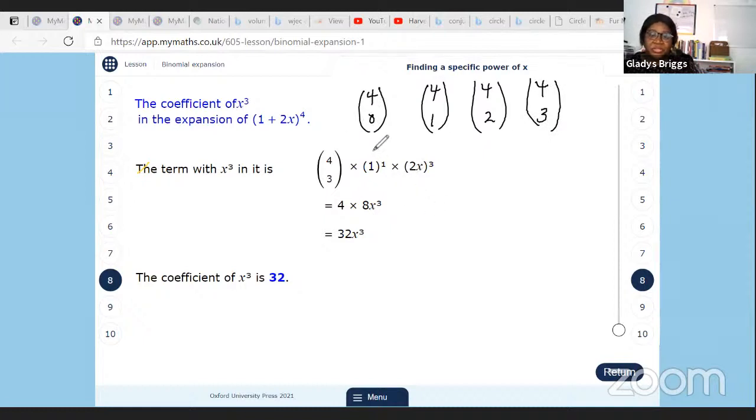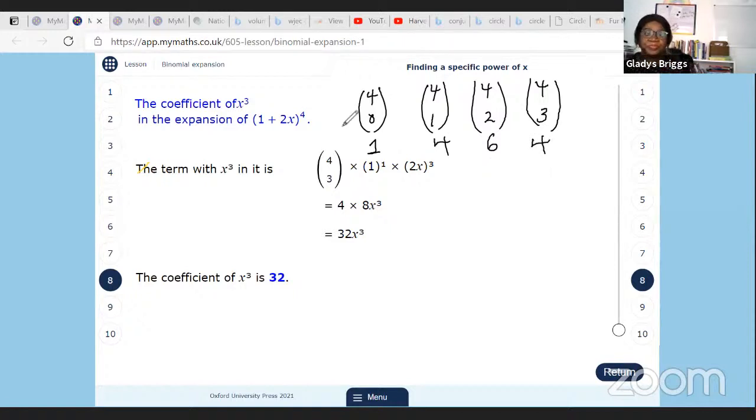Okay, of course, 4 choose 0 is going to be 1. 4 choose 1 is going to be 4. And 4 choose 2 is 6. And 4 choose 3 is 4, yeah?